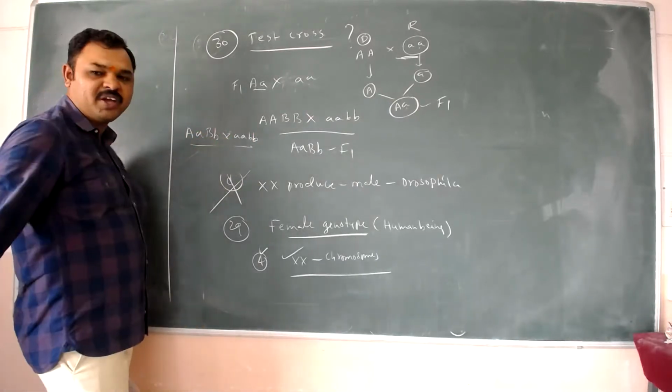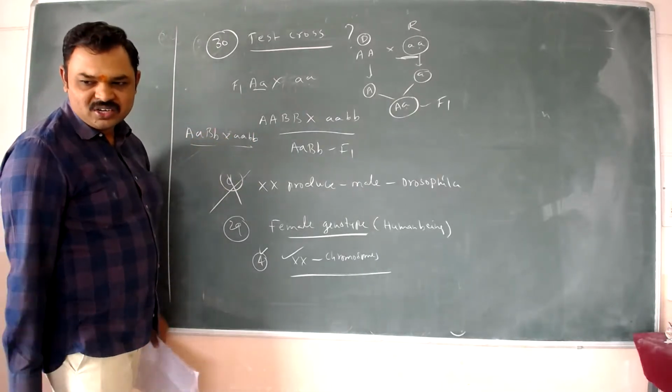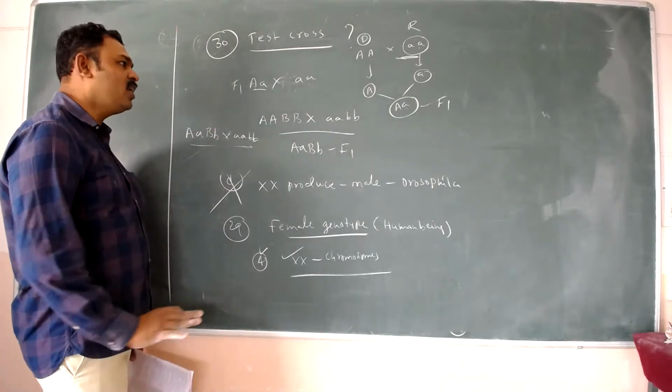The F1 is crossed with the double recessive parent, and this is called a test cross.